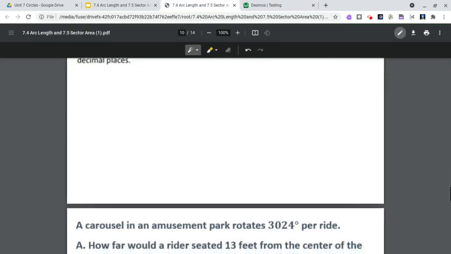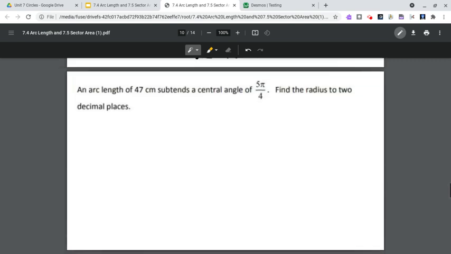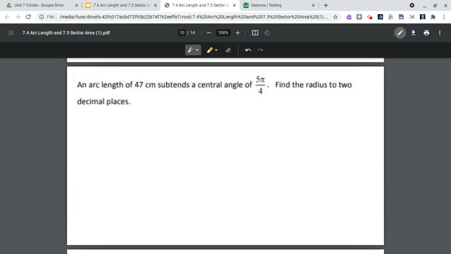Oh, there's one more arc length. Oh no, there's a couple more. That's okay. Okay, an arc length of 47 centimeters subtends a central angle of 5 pi over 4. Find the radius to 2 decimal places. Okay, so again, we are given the arc length. We're given the central angle in terms of pi, 5 pi over 4, so that's a radian measure.